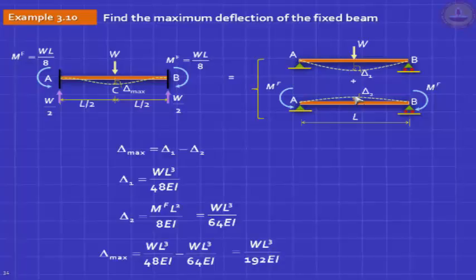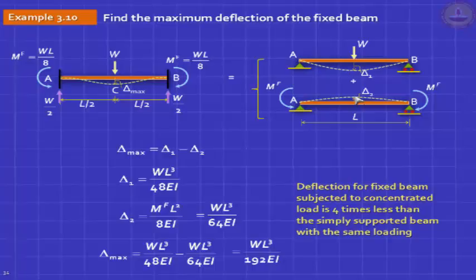So there are many ways of solving these problems. The deflection for a fixed beam subjected to concentrated load is 4 times less. Not 4 times less, it is 3 times less. Isn't it? 1/4 is less. Is it 4 times less? 1/4 means 3 times less. Okay.